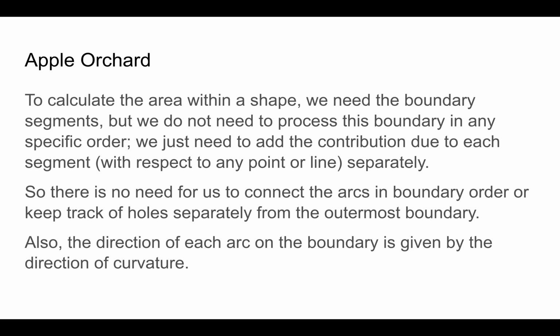And then we intersect that with our rectangle, which is going to make it finite or 0. Another nice feature of this problem is the direction of each arc on the boundary is given by the direction of curvature. If it's curving down, that means it is an upper portion, and if it's curving up, that means it is a lower portion of our area.